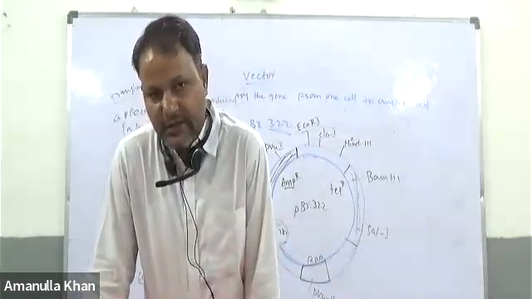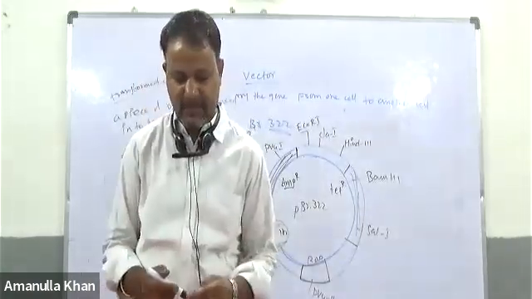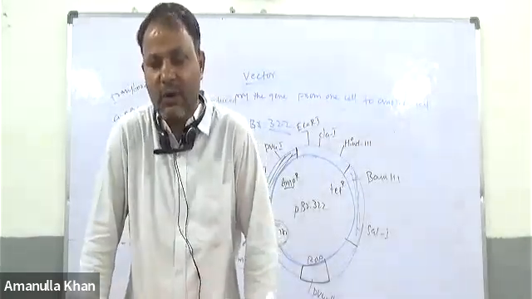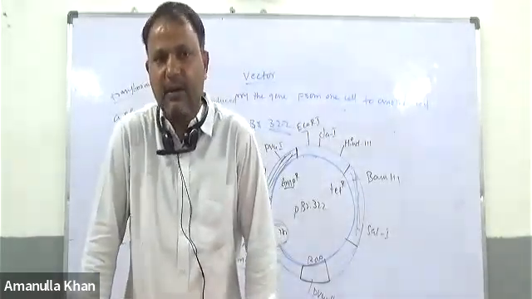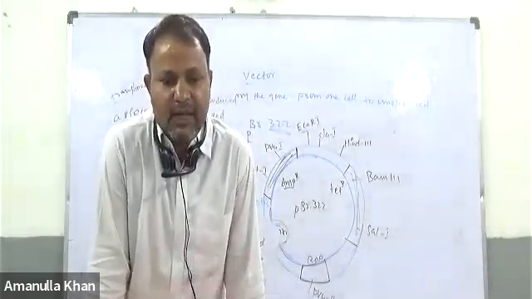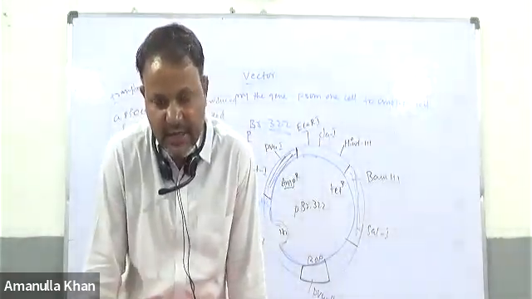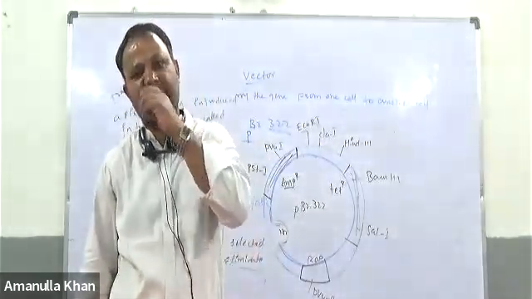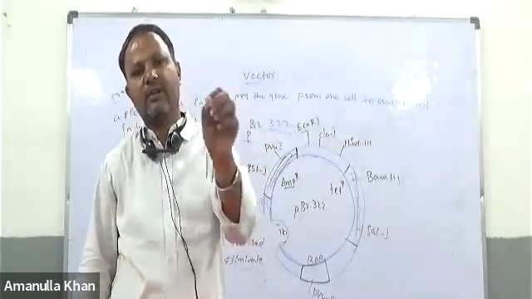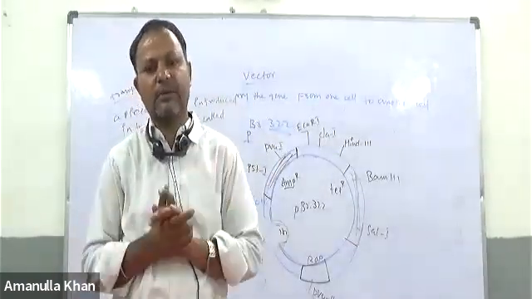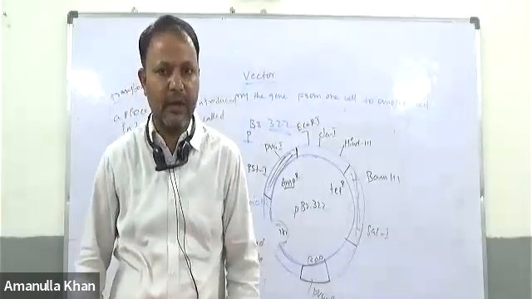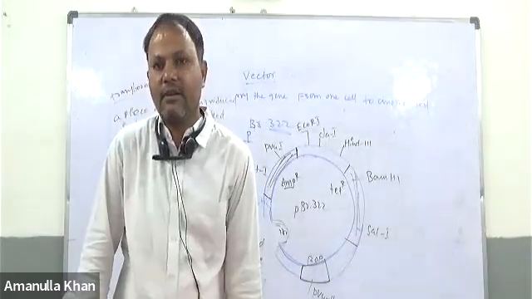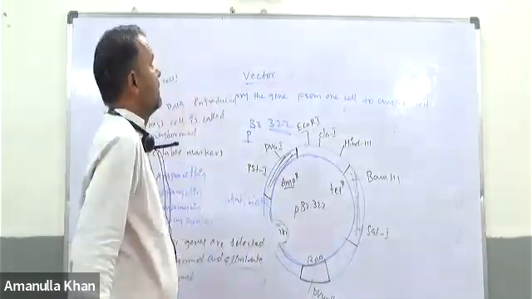Only one cloning site is preferable to more than one, because if more than one cloning site is there, we clone more than one gene. These are complicated for the cloning. So one cloning site is preferable to more than one cloning site.